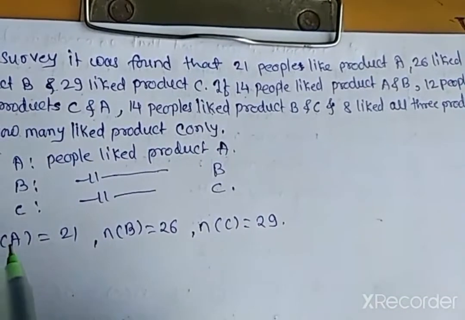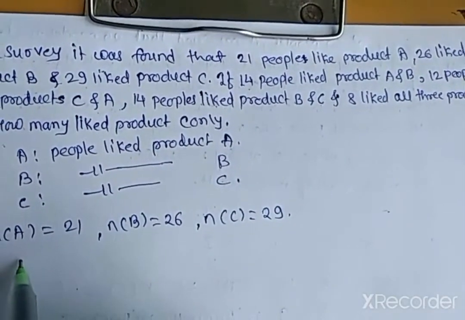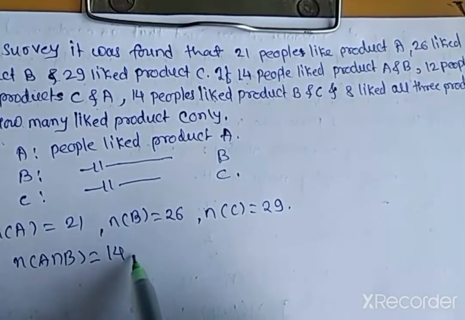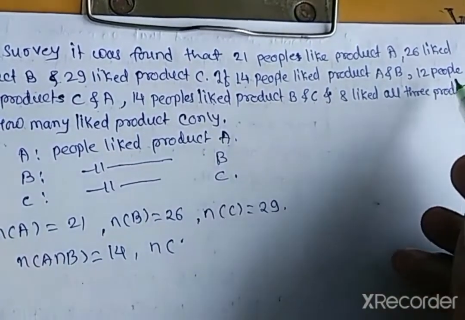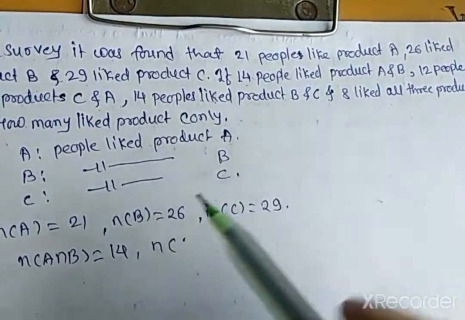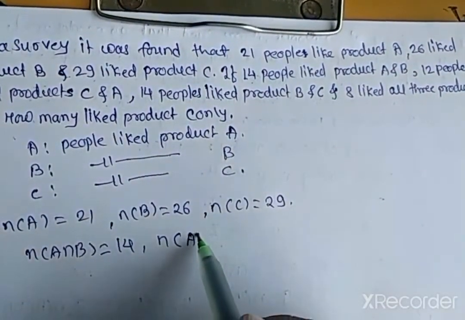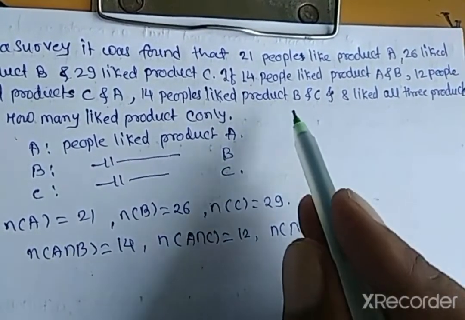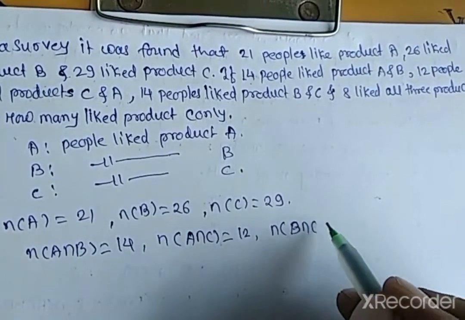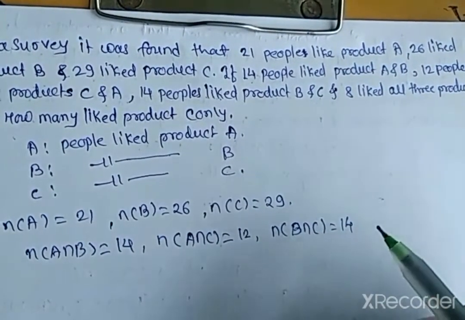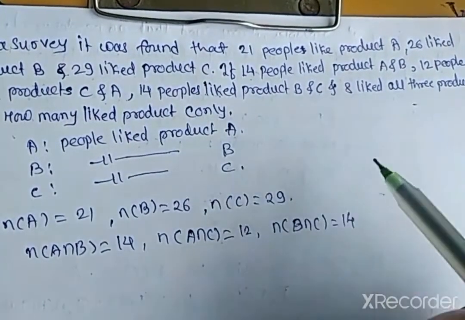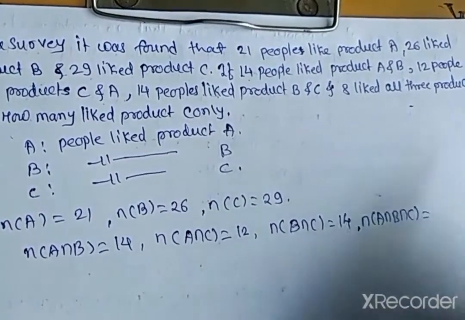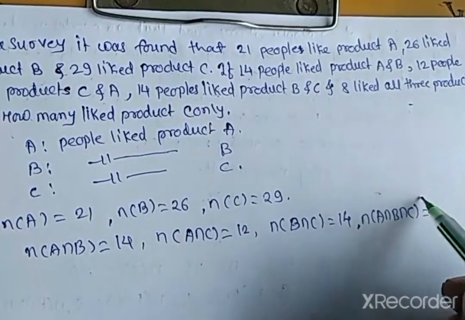Next, 14 people like product A and B, that is n of A intersection B is equal to 14. Next, 12 people like product C and A, so n of A intersection C is equal to 12, and n of B intersection C is equal to 14, and last, 8 like all products, which is n of A intersection B intersection C is equal to 8.